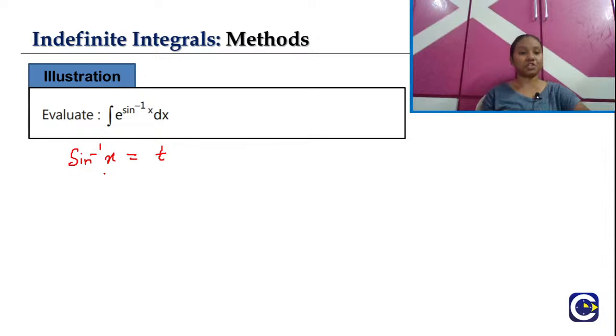That will be our substitution. Anyone who got this, please let me know.